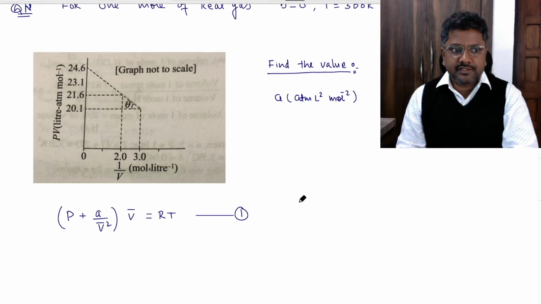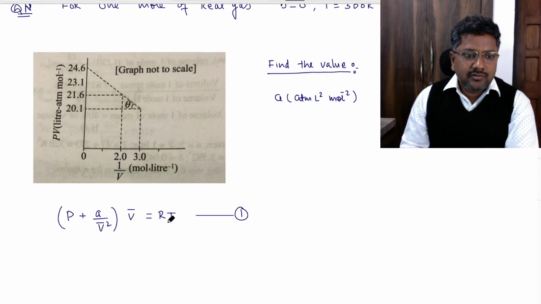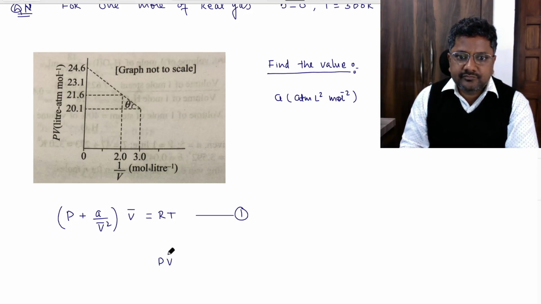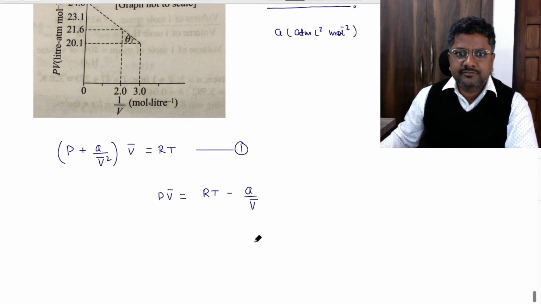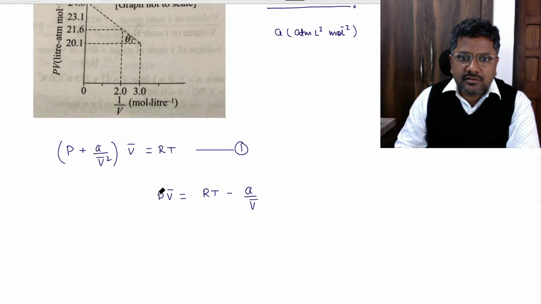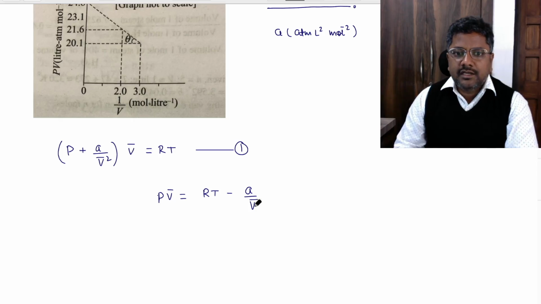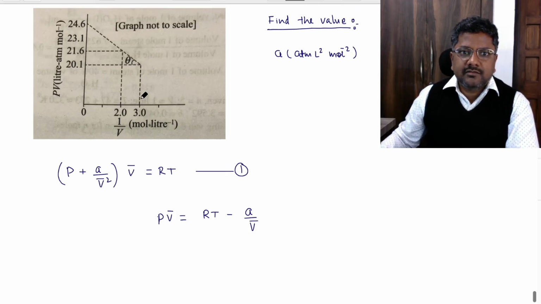It is clear. Now we can write PV is equal to RT minus A by V. We have already done this. Here the graph is given between PV versus 1 by V.